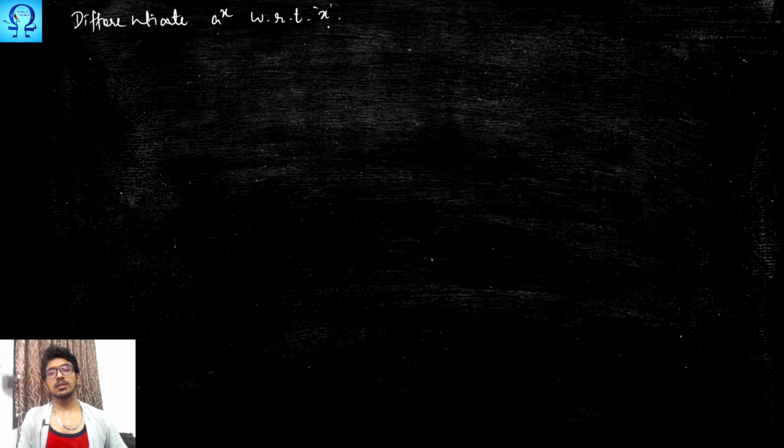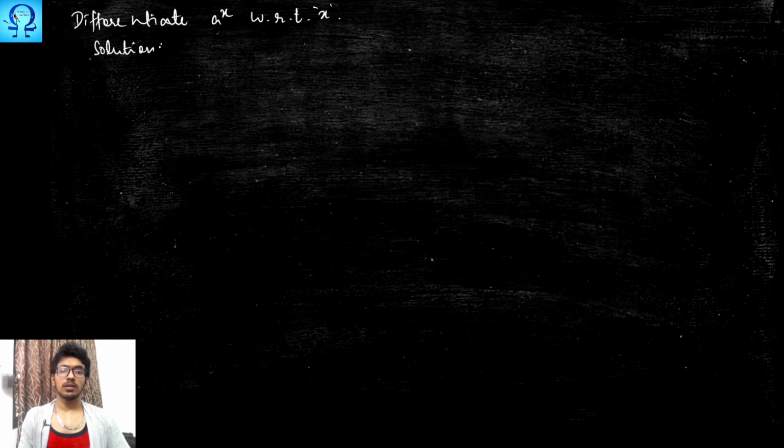So the first problem that we are going to see in today's lecture is we will have to differentiate a^x with respect to x. Here a is any constant. How are we going to do it?